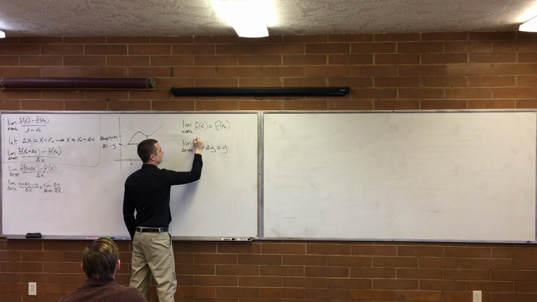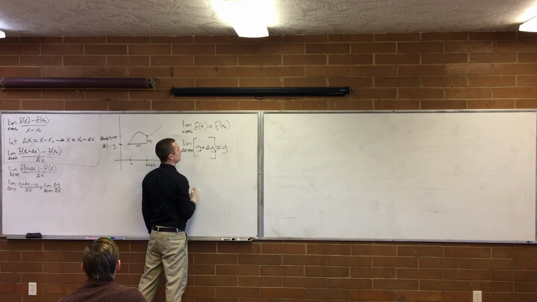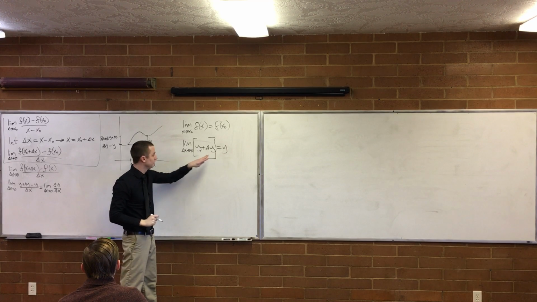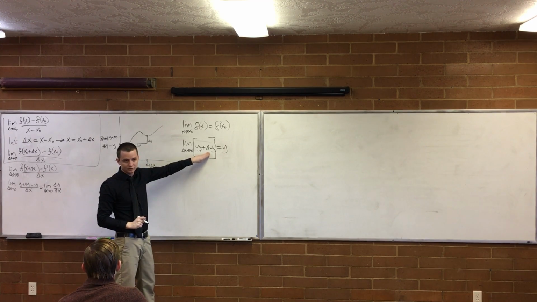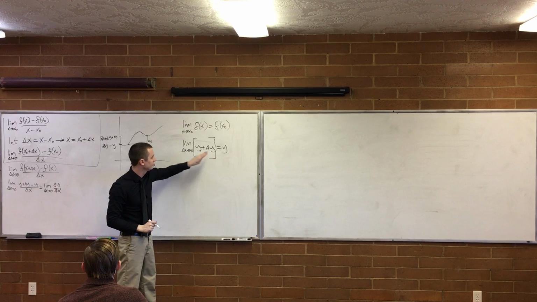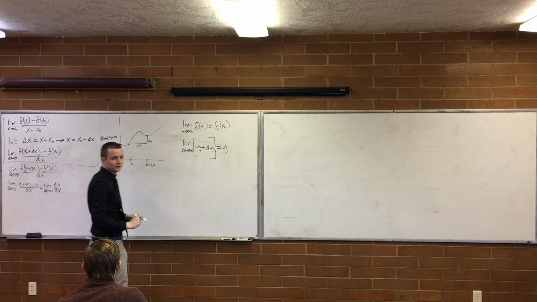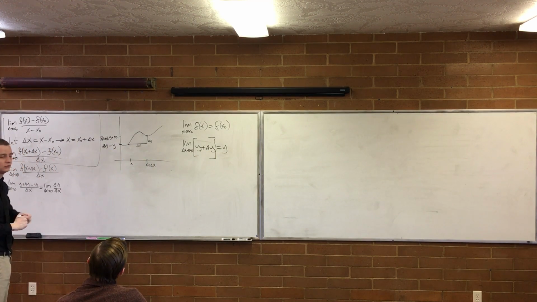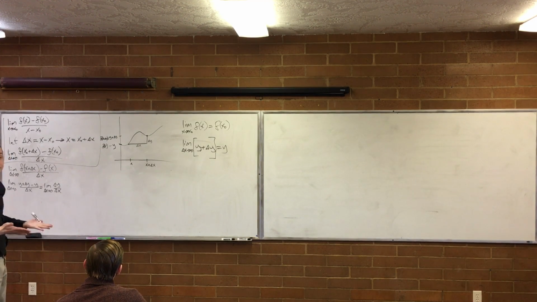The limit of this thing as delta x goes to 0 is equal to this thing, which means delta y goes to 0. Because the limit of y is just y, so the limit of delta y is 0. Good? So that's what we mean by continuous.